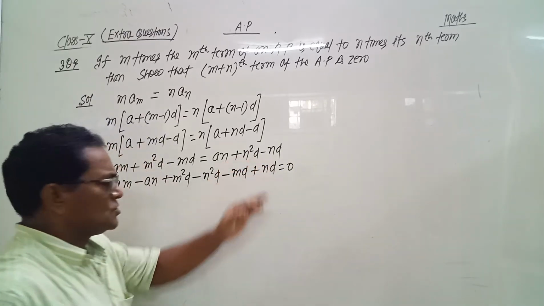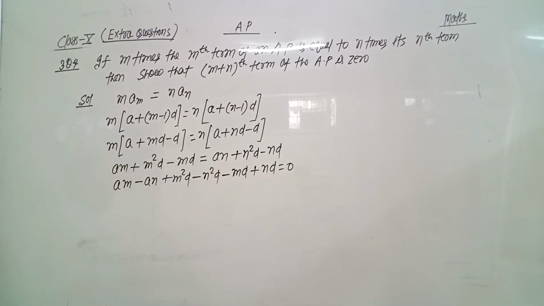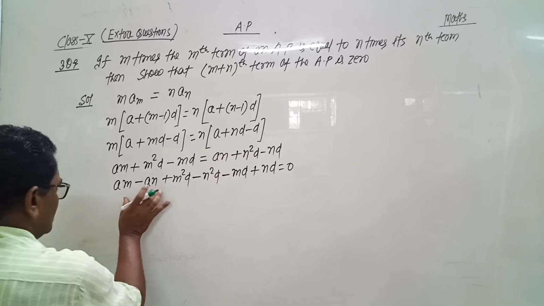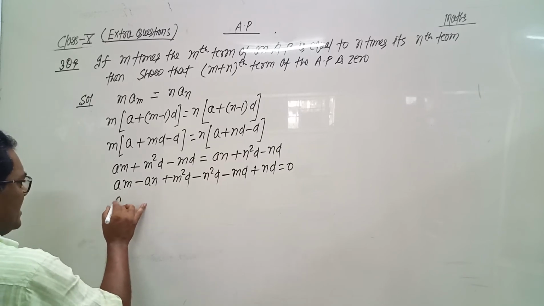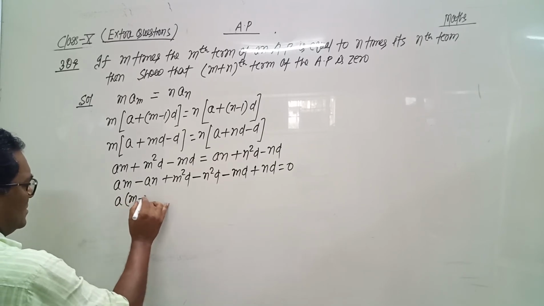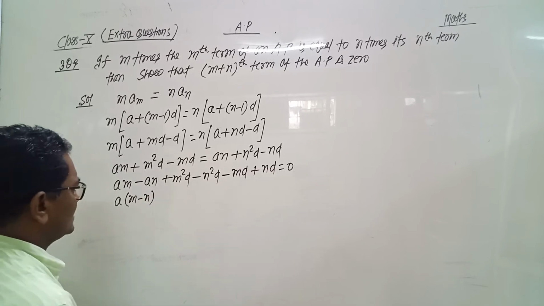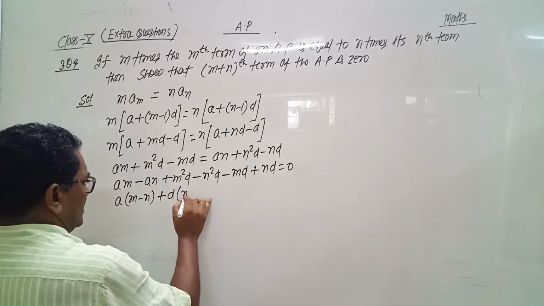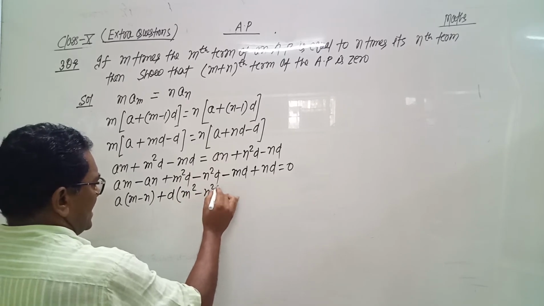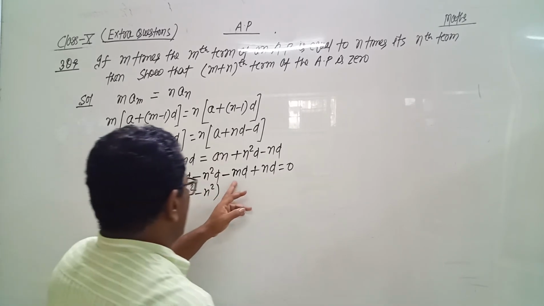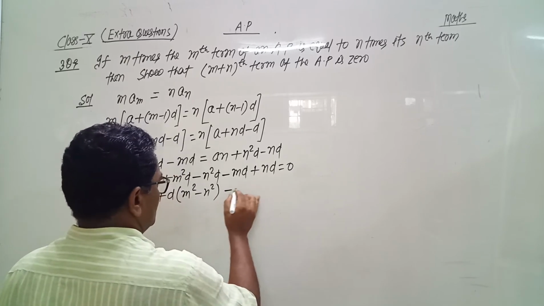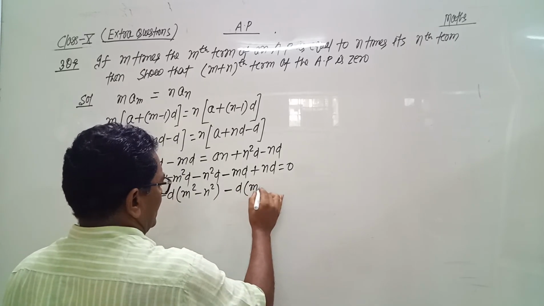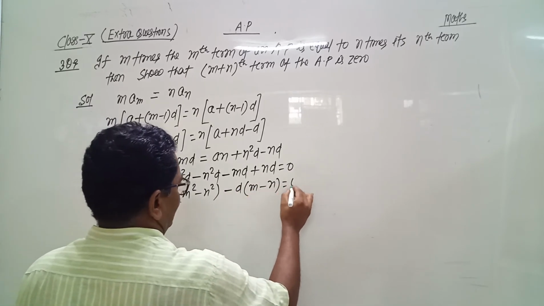We have transposed all these terms to the left side. From these two terms, a is common, so we get m minus n. From these two terms, d is common, so we get m square minus n square. And from these two terms, minus d is taken common, so m minus n.